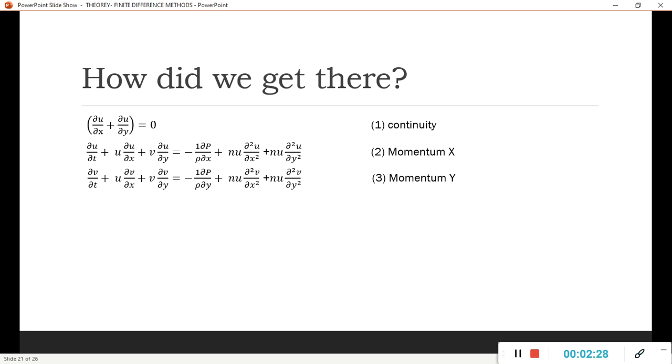Okay, so initially in Navier-Stokes equations, we have the continuity equation saying that the divergence of the velocity is equal to 0, and then we have the momentum equations. So what we do is, first we take the divergence of equation 2 and equation 3, namely the two momentum equations.